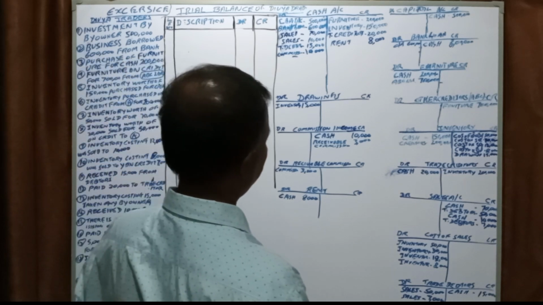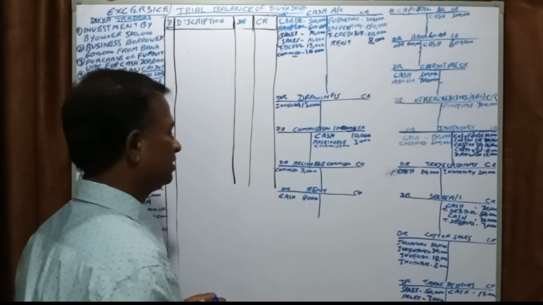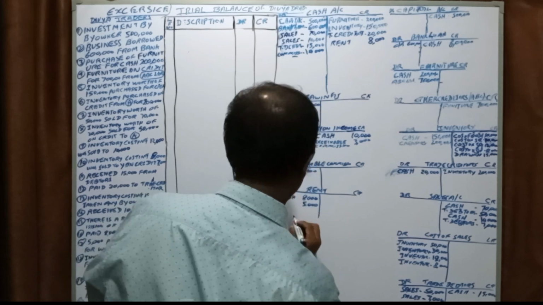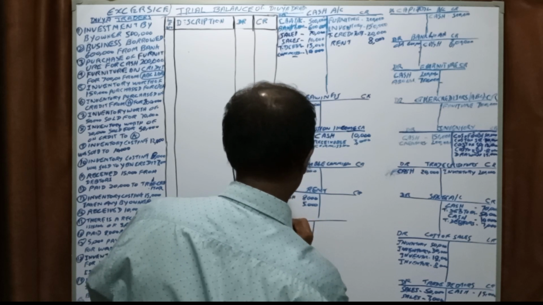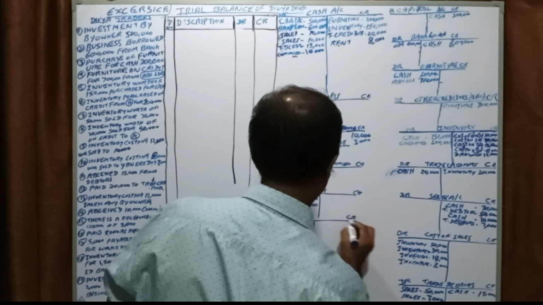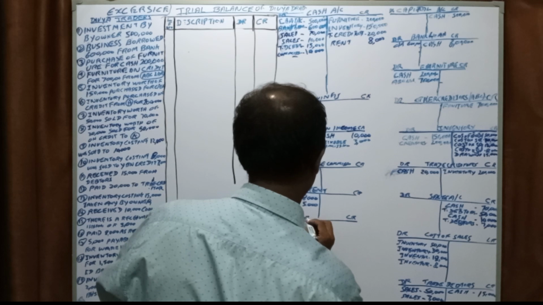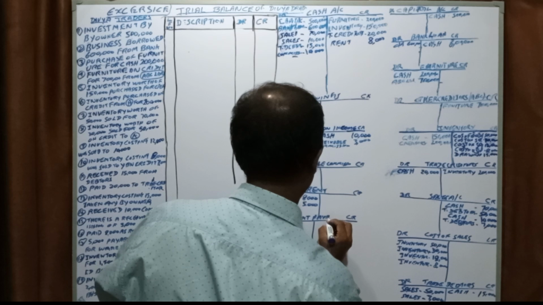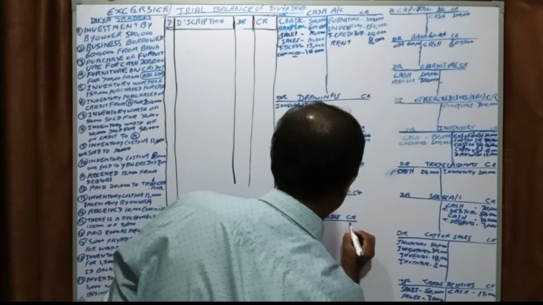Rent expenses debited 5,000, and rent payable is credited.